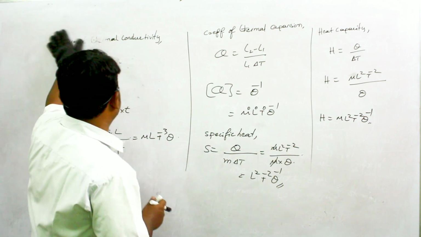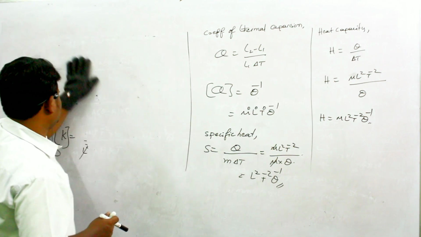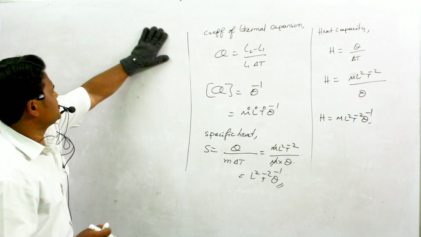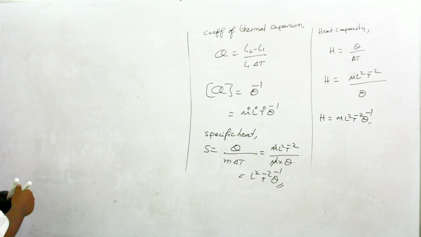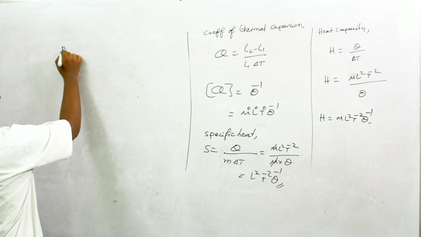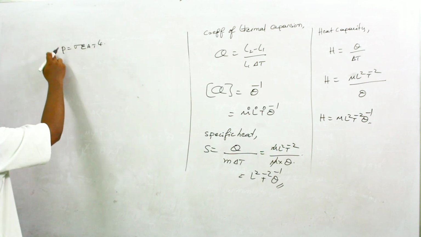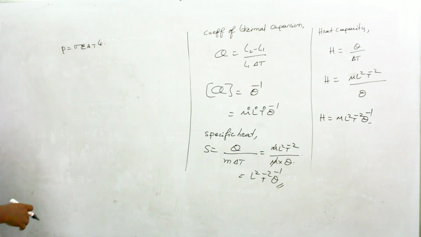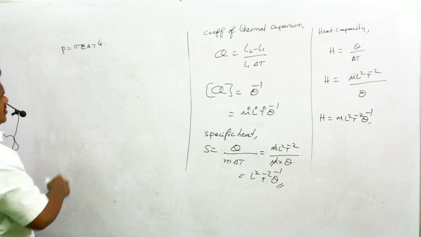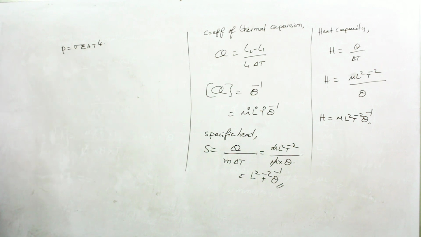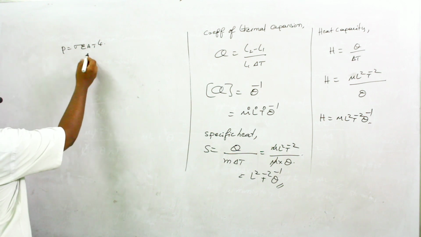Similarly, let us see the dimension of Stefan's constant. This is Stefan's constant we get in Stefan's law, which says power equals σ E A T⁴. The amount of energy released per unit time by a body whose temperature is T, whose emissivity is E, and whose surface area is A, is called Stefan's law. So how can I write power?